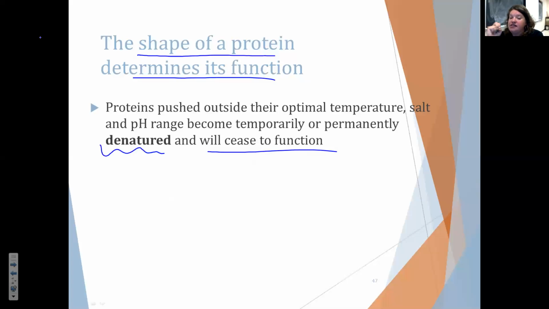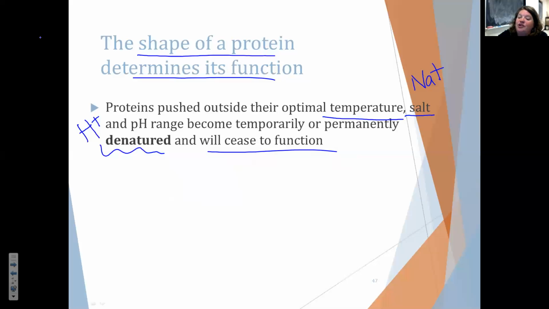The things that cause proteins to become denatured are things like changes in temperature, changes in salt concentration, and changes in pH. And guess what? Those are all things that disrupt hydrogen bonds.